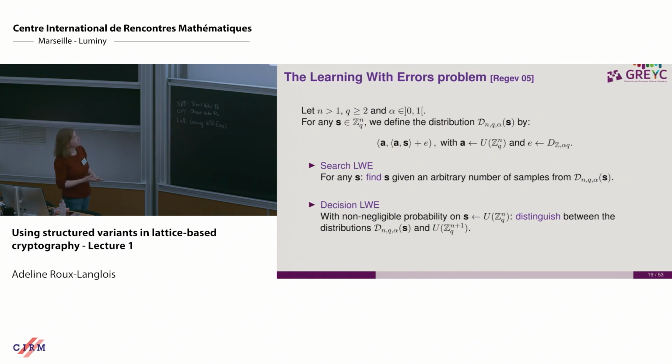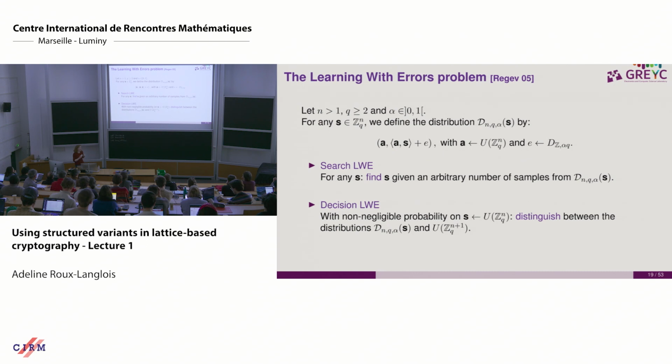For any S, which I will call the secret, in Z_Q to the N, I define a distribution where I sample a uniform A in Z_Q to the N. For each of these A, I do a scalar product between A and S and add a noise E, which is sampled from a Gaussian. So I build my linear equations, one by one, A, AS plus E.